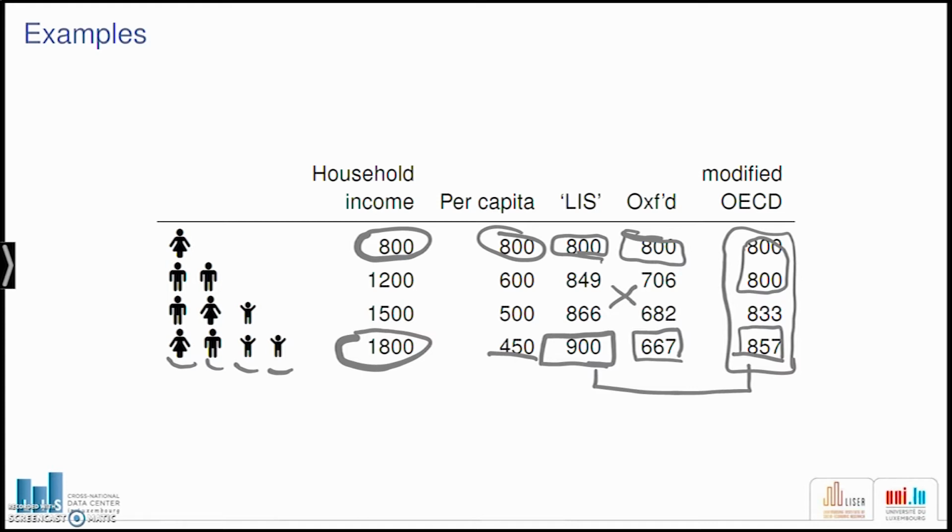Now, apparently, if you look at general trends and cross-country patterns, it usually reveals a lot less sensitive to the choice of an equivalence scale. So, depending on your research, you may want to reflect carefully about the choice of an equivalence scale and assess the sensitivity of your conclusions to alternative choices.